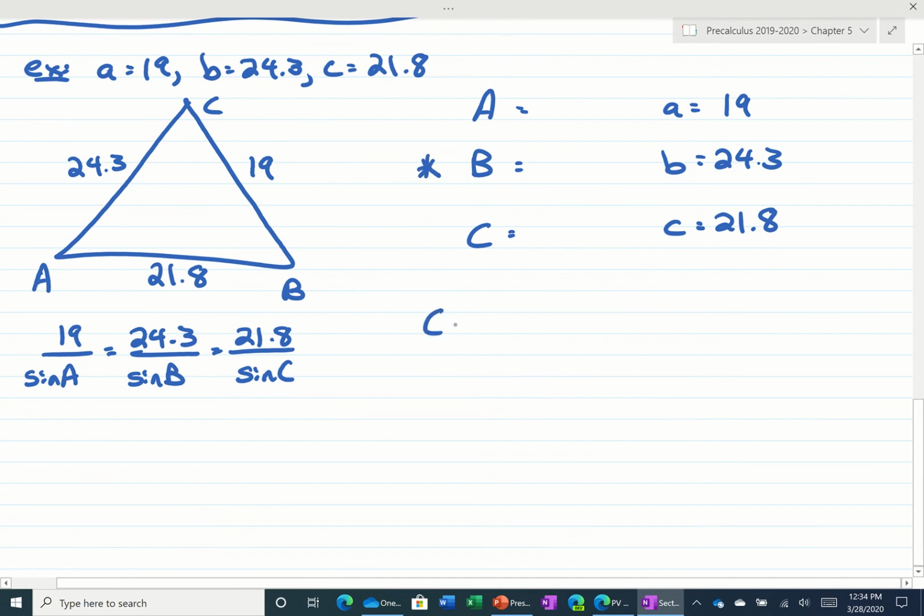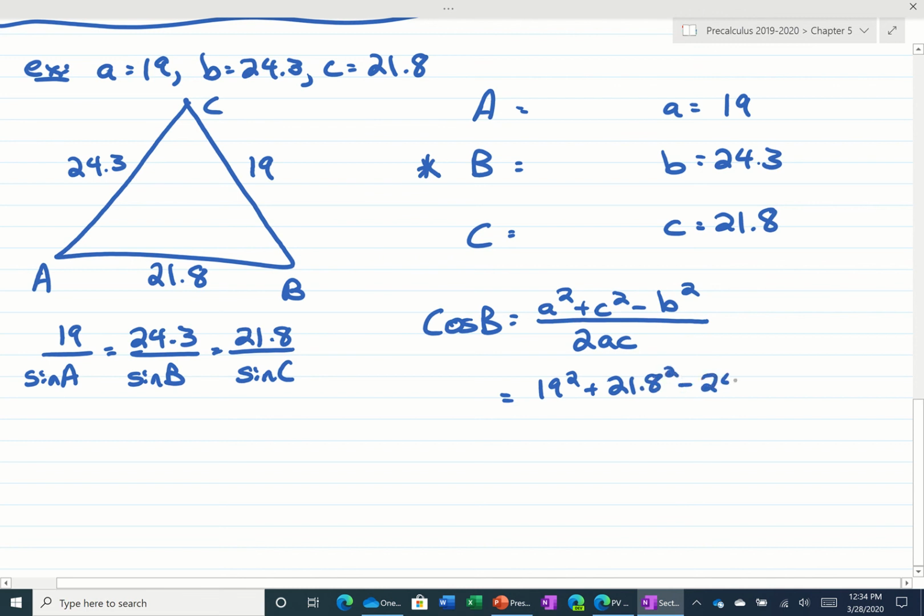So to find angle B, the formula was cosine of B equals a squared plus c squared minus b squared over 2ac. So 19 squared plus 21.8 squared minus 24.3 squared over 2 times 19 times 21.8.